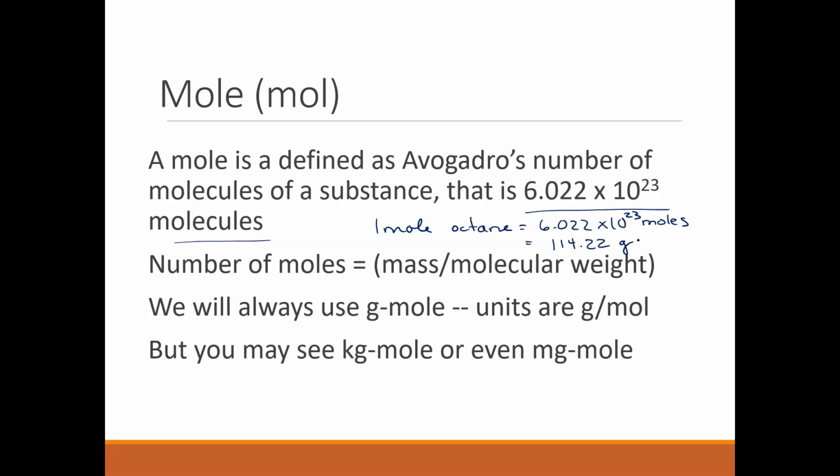This varies significantly with compounds. Something like hydrogen, H2: a mole of hydrogen would be 2 times 1.008, or 2.016 grams.